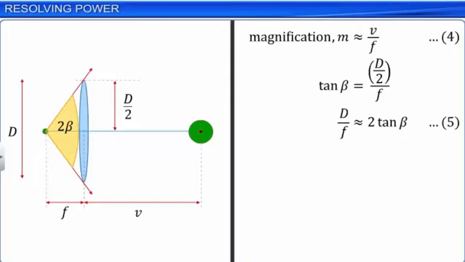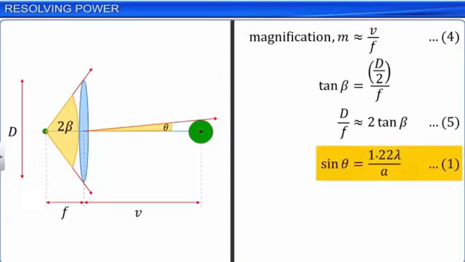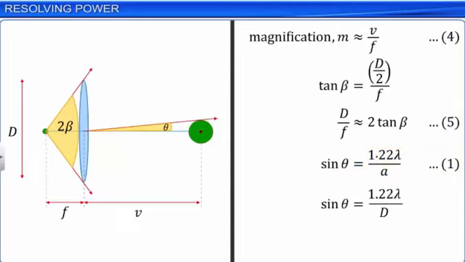If the first dark ring of the diffracted pattern is formed at an angle θ, then, from equation 1, we have sin θ is equal to 1.22 λ/d. For smaller angles of θ, θ is equal to 1.22 λ/d.